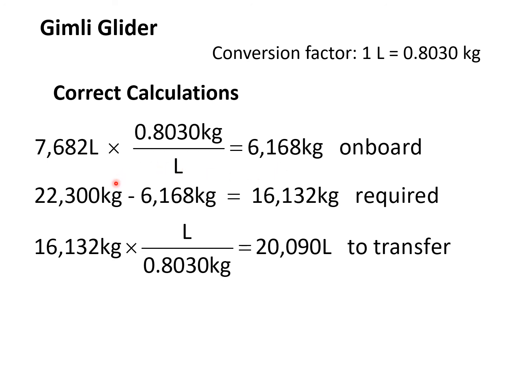Subtracting this from the amount of fuel required leaves 16,132 kilograms that must be transferred to the plane. Converting this back to liters means that 20,090 liters of fuel should have been transferred to the plane in order to safely reach Edmonton, Alberta.